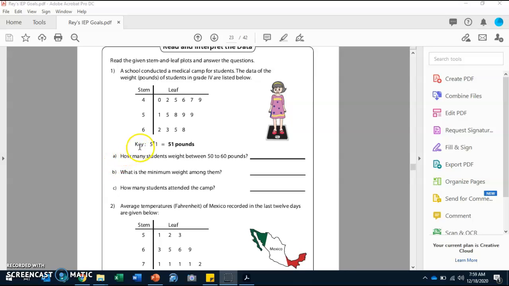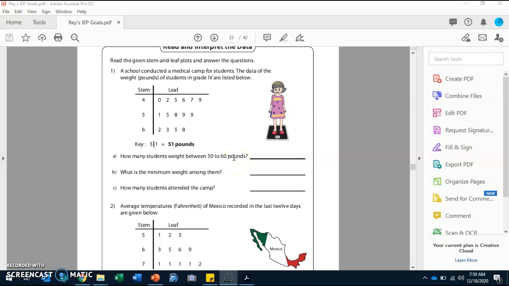And then here they're telling you the key: 5 | 1 equals 51 pounds. So always remember, this is the first number, the number in the tens place, and all these numbers are the numbers in the ones place. So they want to know for question number 1, Ray, how many students weigh between 50 to 60 pounds?